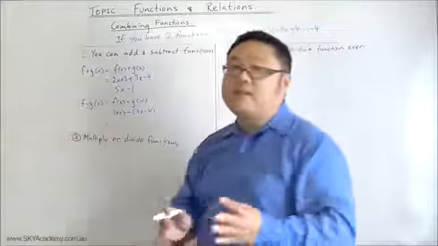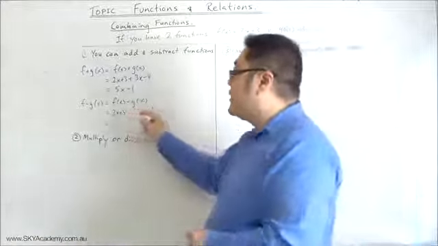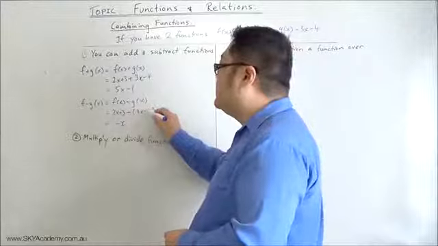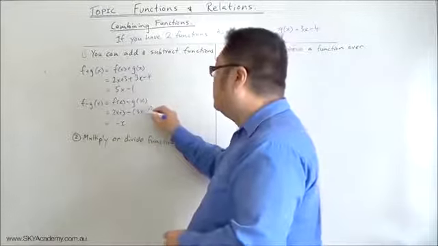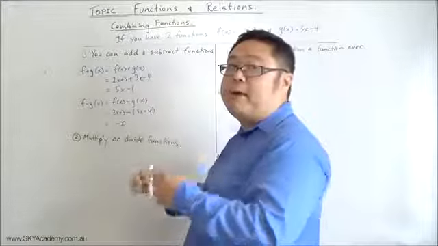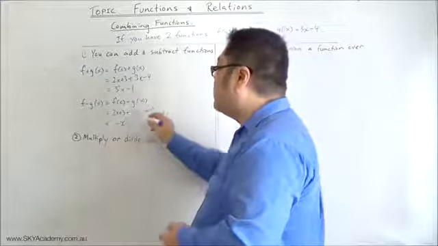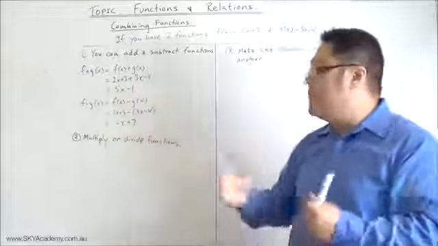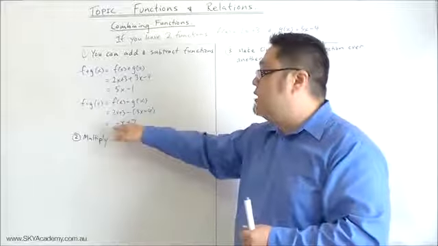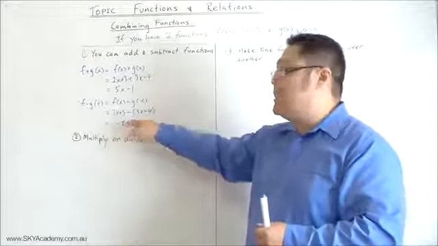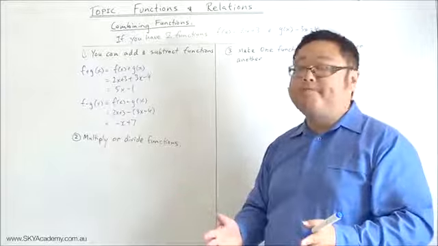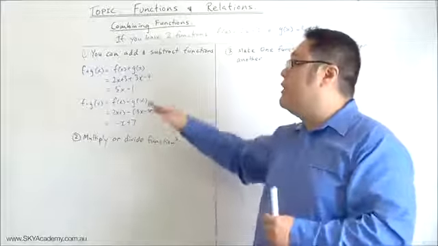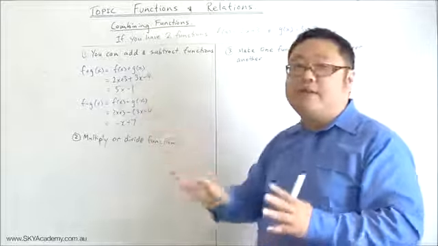Now this is where things can get a little bit tricky. 2x minus 3x is negative x, but 3 minus a negative 4, the two negatives make a plus, so 3 plus 4 is plus 7. So if you subtract the two functions, you end up with negative x plus 7.